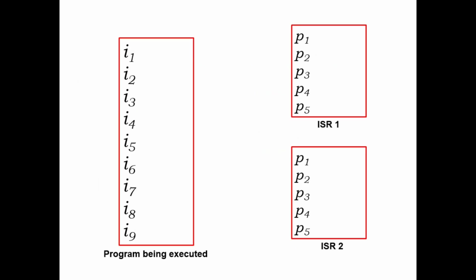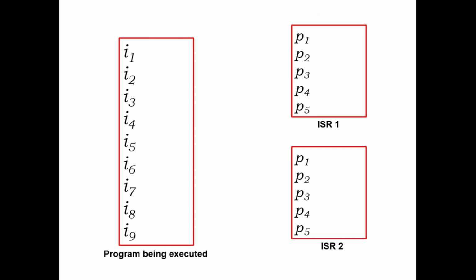So let us consider that currently the CPU is executing this program with instructions I1 to I9. And let me consider this block, whatever the program is here, as a subroutine. For example purposes right now, let us consider this as one subroutine.